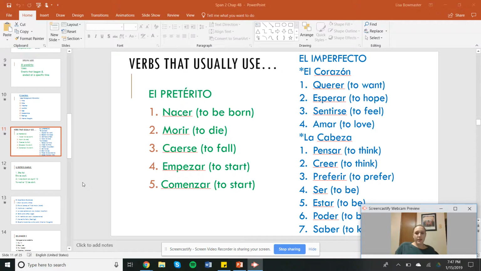Another thing that we can't really see starting and stopping are in our head, la cabeza. So you can see I drew a really poor picture of a head. Hopefully you can draw a better picture than me. These are things that happen in our head. Pensar and creer. Your internal thoughts carry on over time. They don't have a specific start and stop.